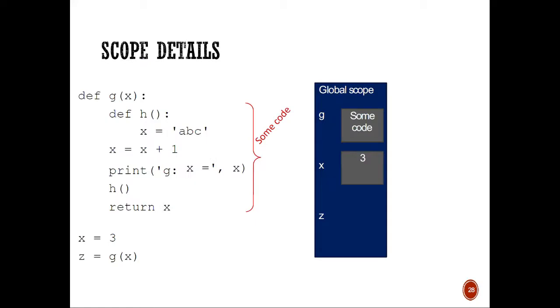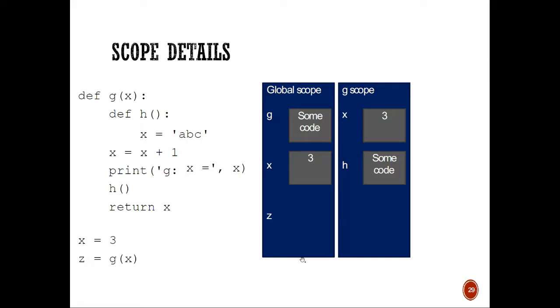So here is another example in which we have the global scope. g is a function with some code, x is defined to be 3, and then z is g of x. Imagine g of x had another function within it.